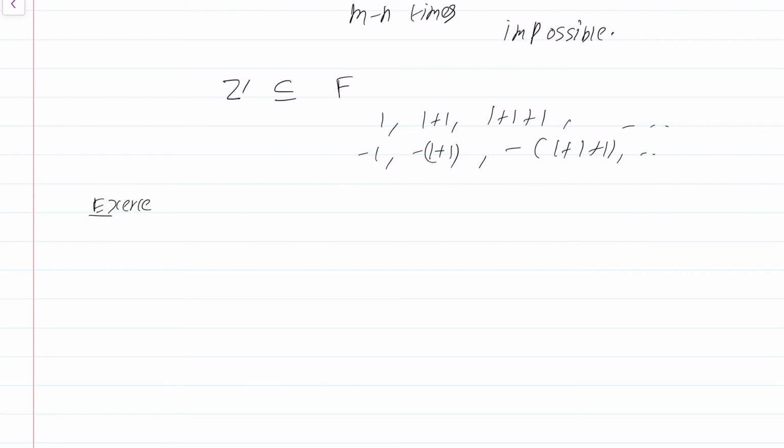Show that f also respects the order relation. You have to first formulate what it means for f to respect the order relation. Then you have to show that it in fact respects the order relation.